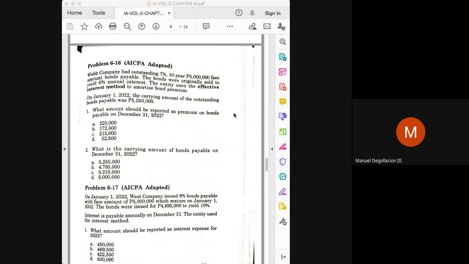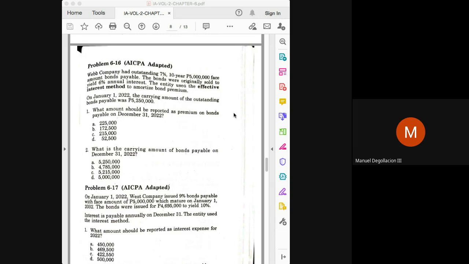As discussed in the other videos, for us to get the remaining balance of the premium, or the unamortized portion of the premium, we have to determine the amount of amortization.